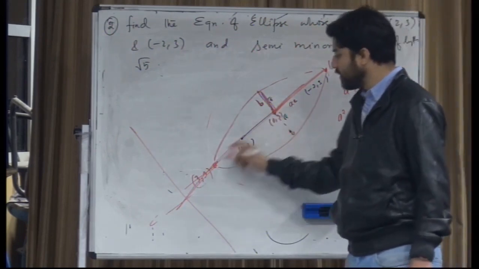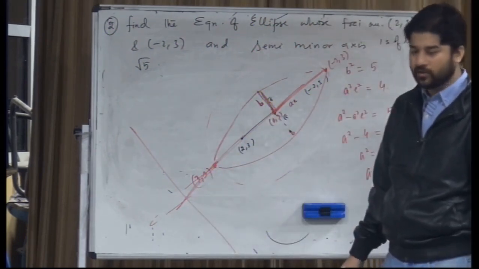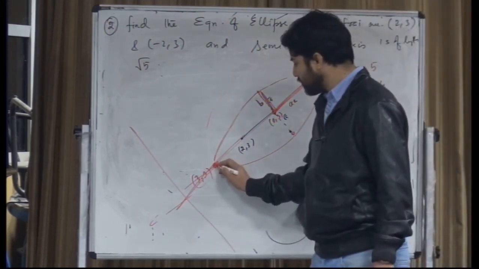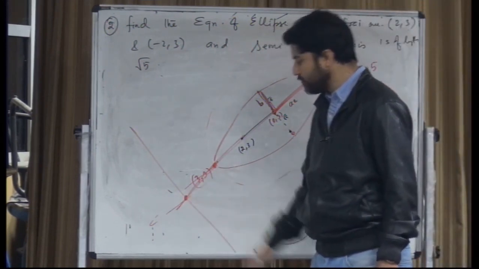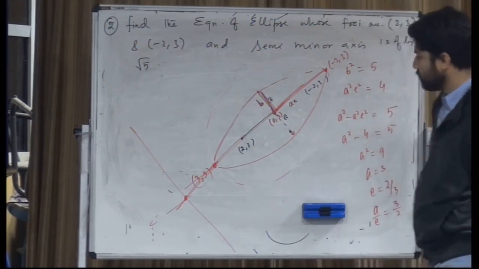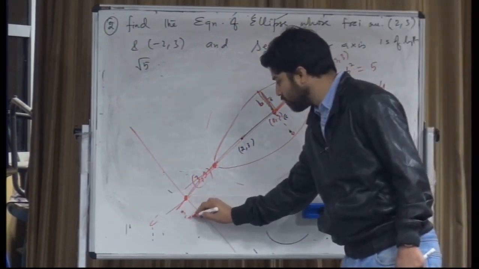So distance from vertex is 9/2. So this is (3,3). So definitely ये क्या होगा (9/2,3).